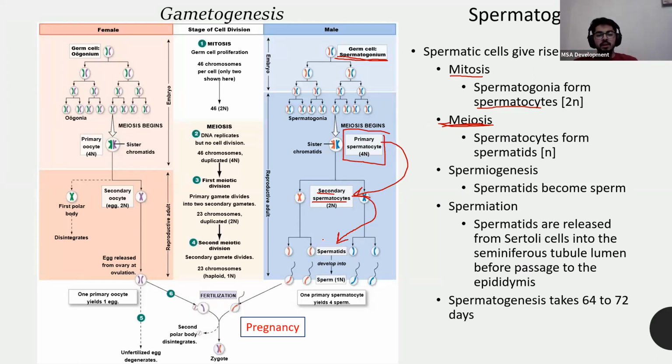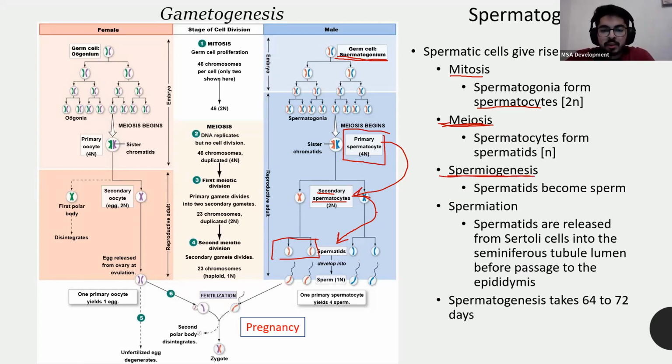As you can see here, spermatids look nothing like the normal sperms, so they have to undergo more modifications to become similar to the actual sperms that we know. This takes us to the following step, which is spermiogenesis.